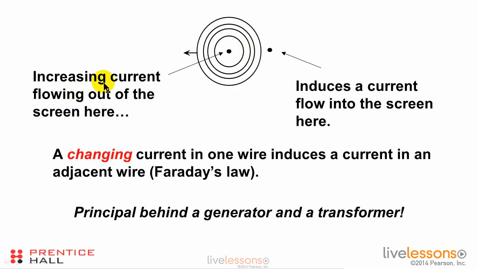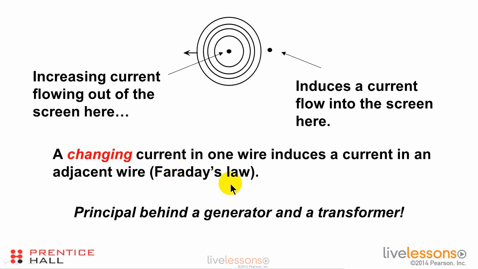Now, also, if we have a current flowing out of the screen on a conductor right here, there'll be a magnetic field around that conductor. If we have an increasing or changing current on this conductor, then we'll have a changing magnetic field. A changing magnetic field around this conductor couples into an adjacent conductor and induces a current flow into the screen at this point.